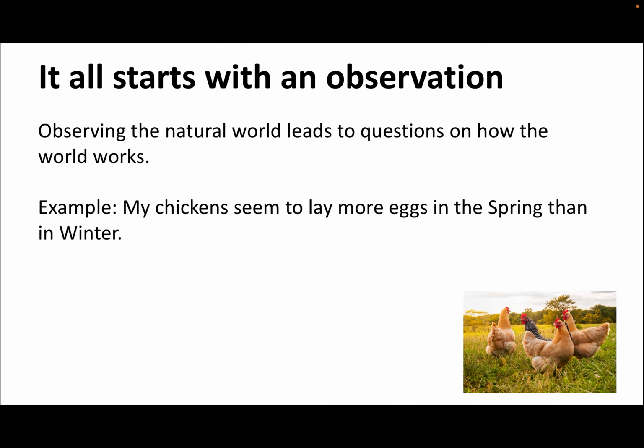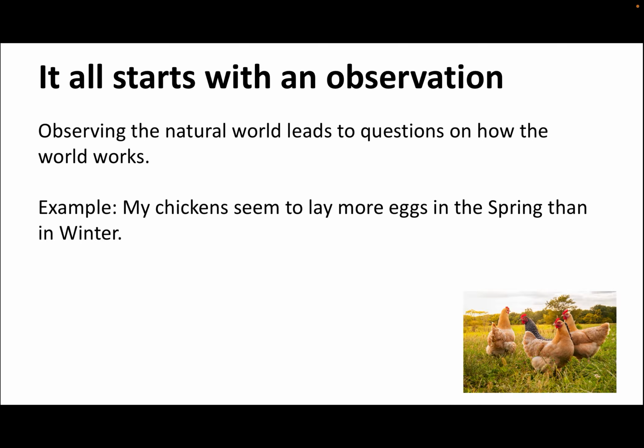So maybe I noticed that the chickens, and this is a true observation, they seem to lay more eggs in the spring than they do in the winter. And I might really want to know why that is, because if I can pinpoint the why, then maybe I can change something to maximize egg production.